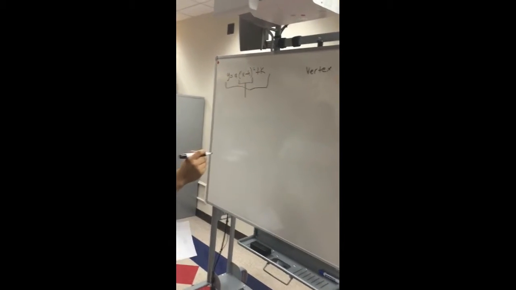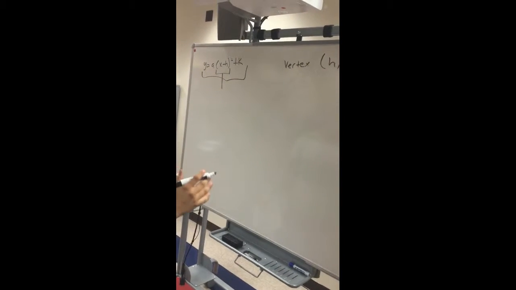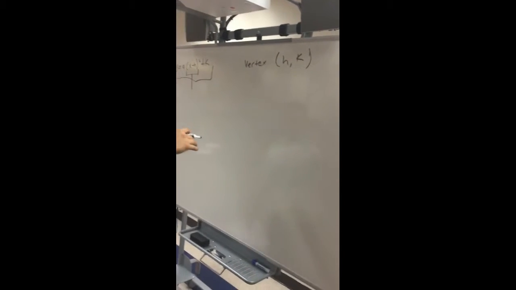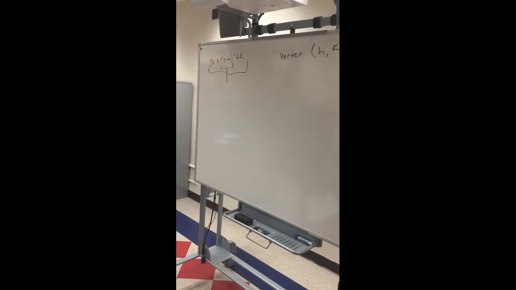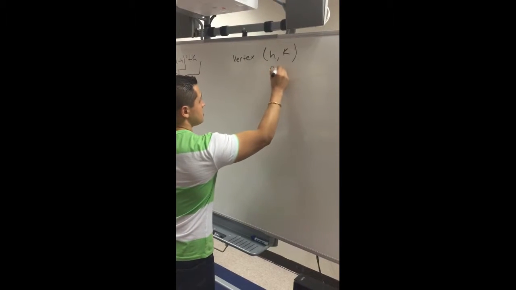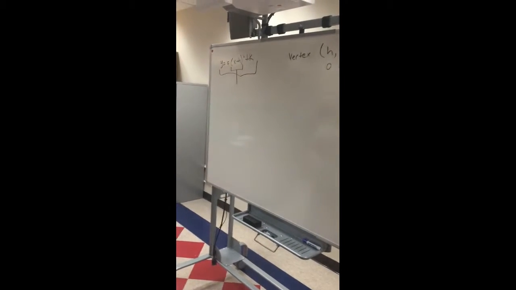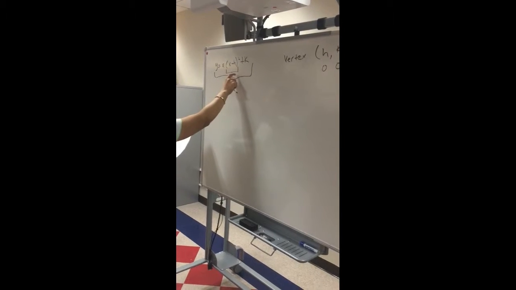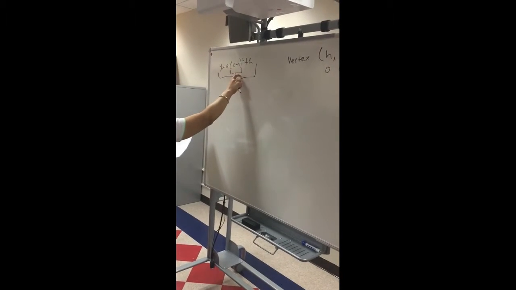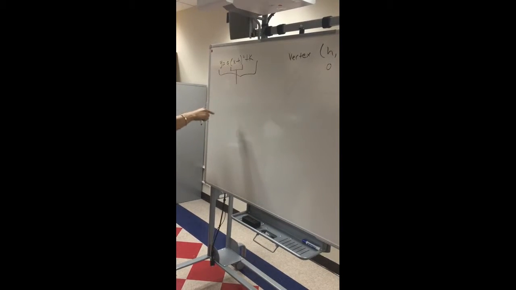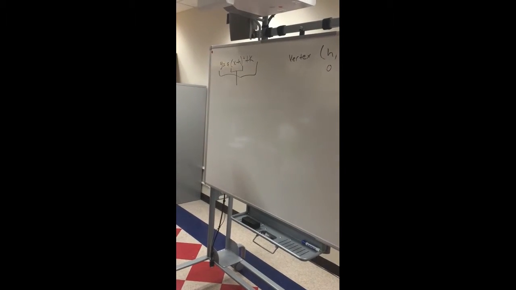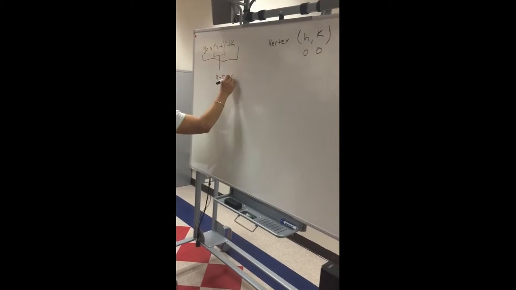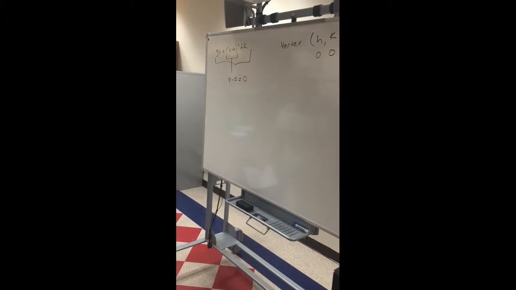Like I said before, we're going to pretend that this is a parabola with a vertex at (0, 0). And we're going to derive the axis of symmetry from this part. So when we derive the axis of symmetry from this part, it's going to be x minus 0 equals 0.